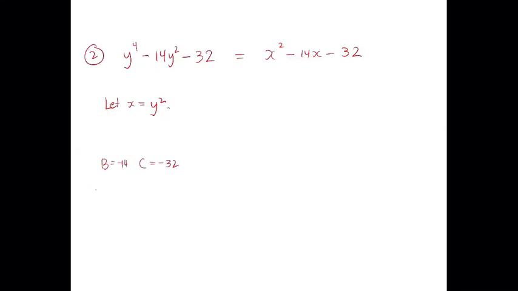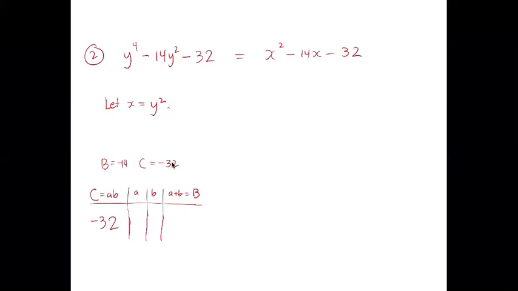Remember, you want to find a pair of integers A and B such that the product is C and the sum A plus B is equal to capital B. Here C is a negative number, so we use one positive and one negative. All throughout, this is negative 32.